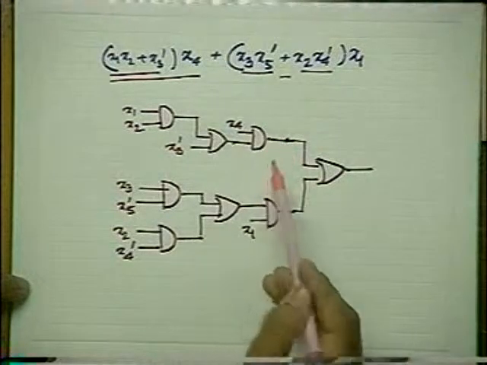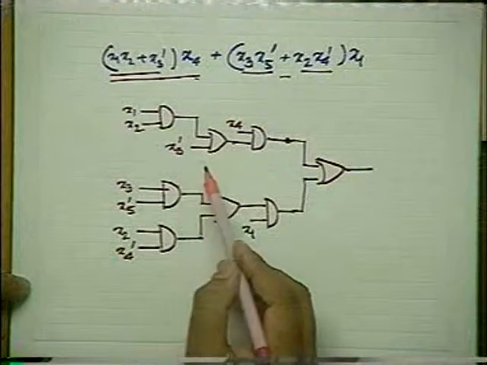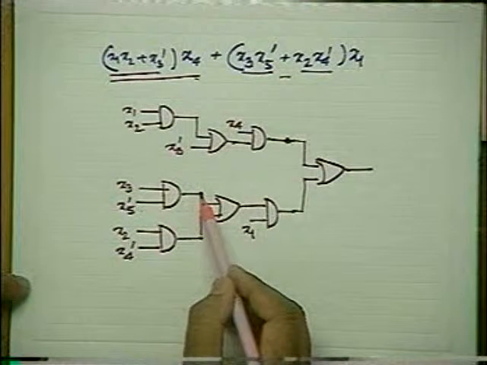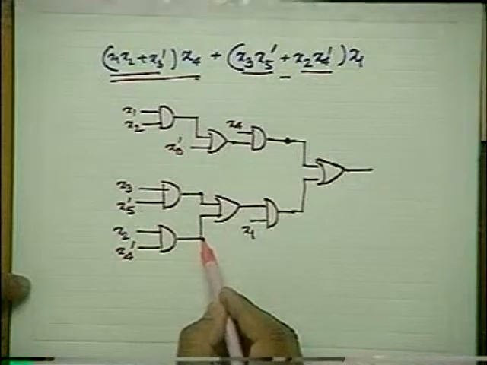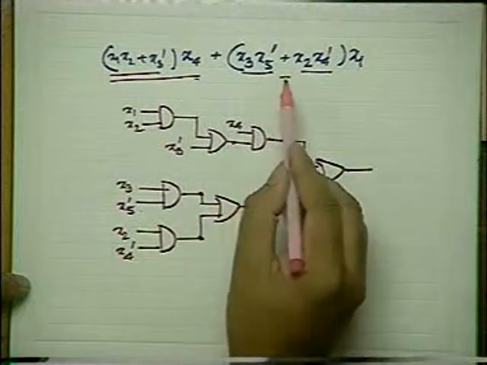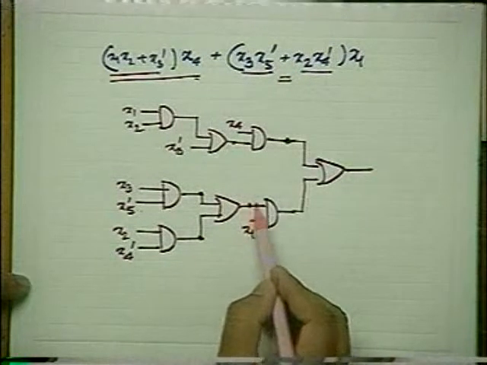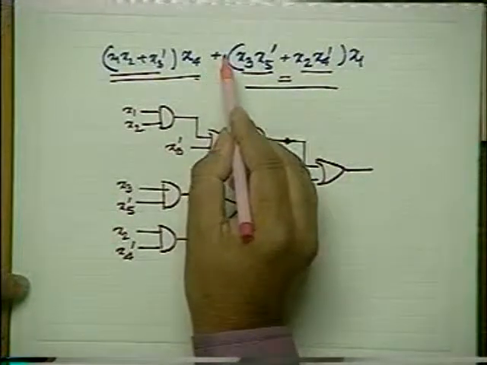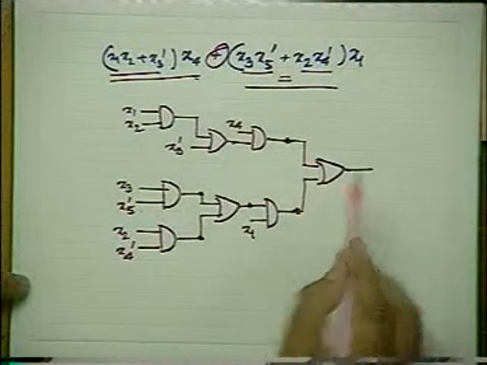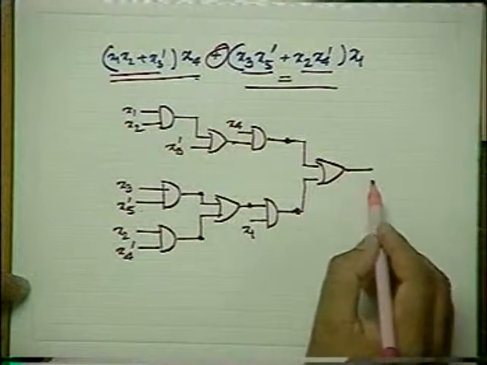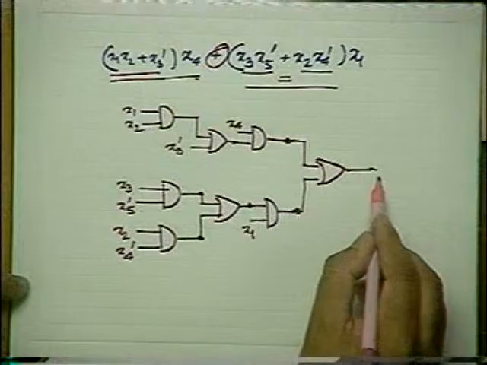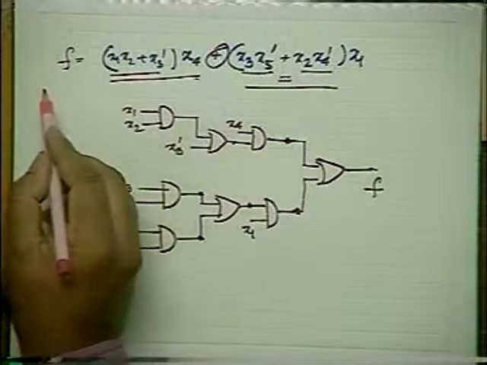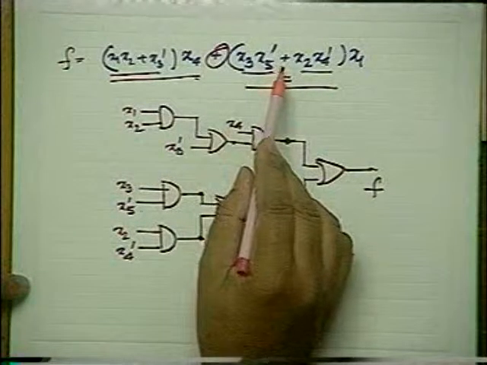Up to this I have got here. Here x3, x5 dashed I have got here, x2, x4 dashed I have got here. The sum of them I have got here, this into product I have got here, and this sum I have got over to here. And this is where I have got the switching function f, which is a function of 5 variables x1 to x5, right?